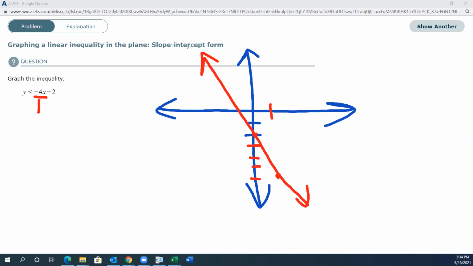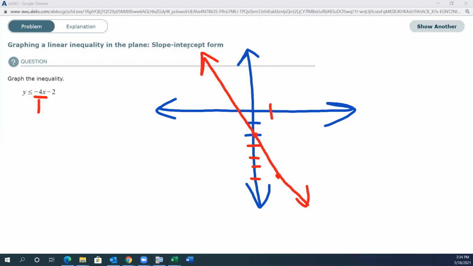Now, if this were an equal sign, we'd be done right now. But it's a less than or equal. It has the or equal sign in it, so that's why we're doing a solid line. This red line is solid, it's not dotted.